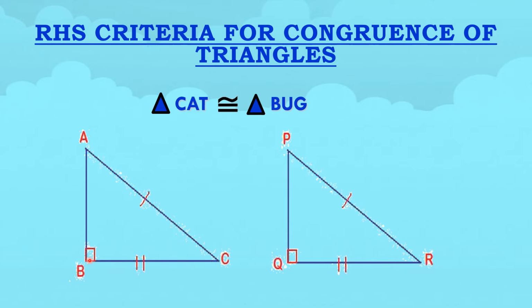R: right angle, angle B is equal to angle Q. H: hypotenuse, AC is equal to PR, it is given. And third, any one side. Here this side is given to be equal, so BC is equal to QR. So we have all these three conditions, right? That means yes, the RHS congruence rule holds.